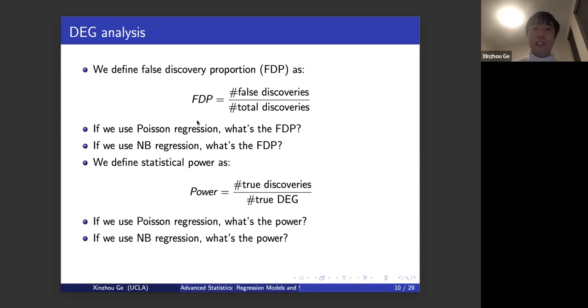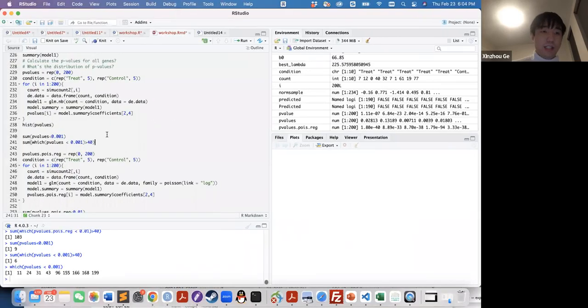These two quantities are used in different analyses to describe how good our results are. And we can calculate the FDP and power for our results. If we use the Poisson regression, what's the FDP and power? And if we use negative binomial regression, what's the FDP and power? So we can do these calculations.